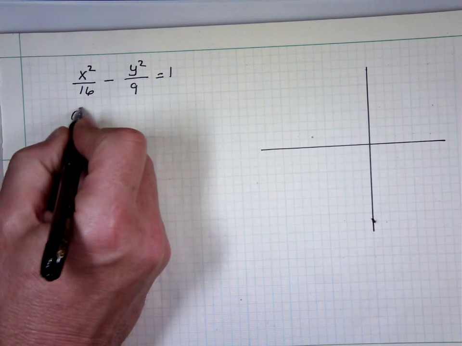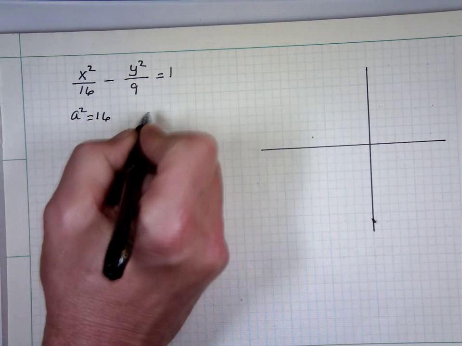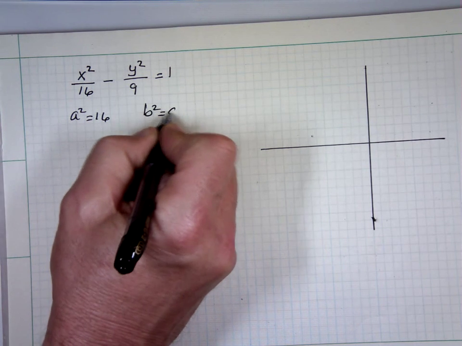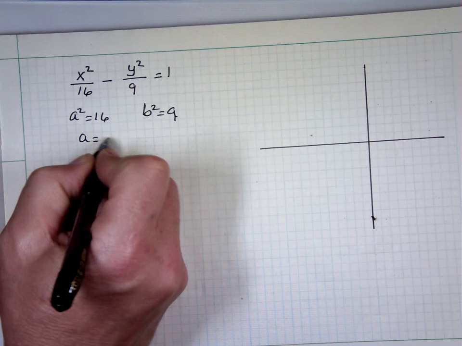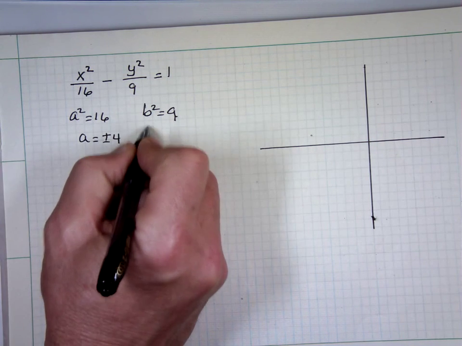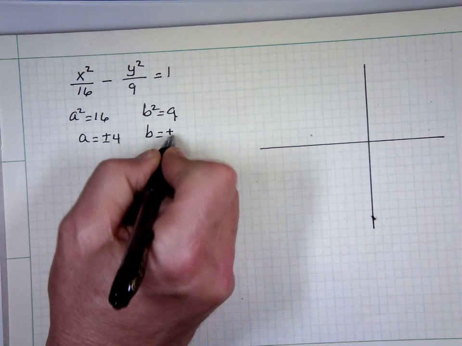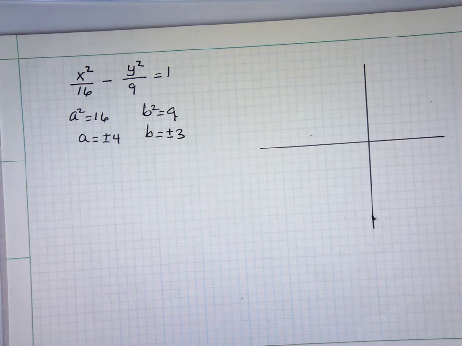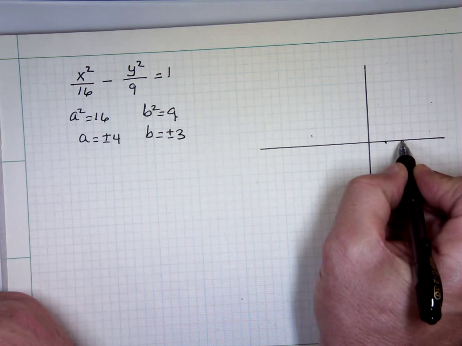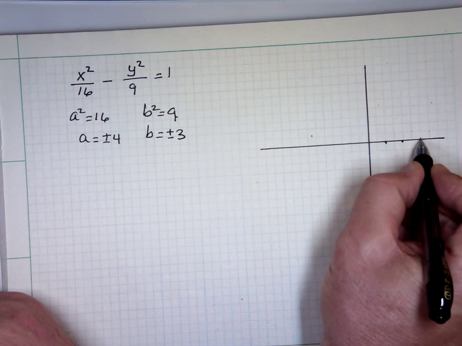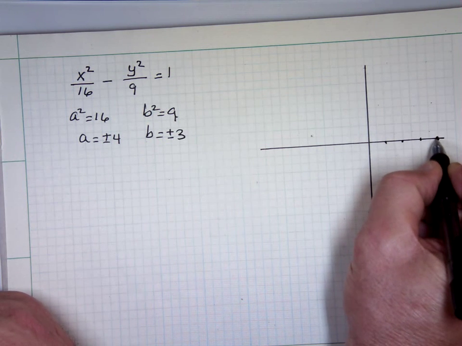A squared equals 16, B squared equals 9. A equals what? Plus or minus 4. B equals plus or minus 3. I'm going to do a scale of 2 here just to make it bigger. 1, 2, 3, 4.